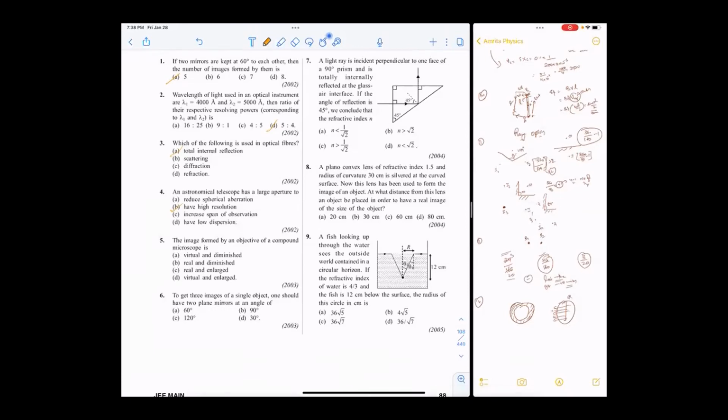Objective: real and enlarged. If you ask about the eyepiece, the eyepiece is virtual and enlarged. Are you able to understand? So we have this.